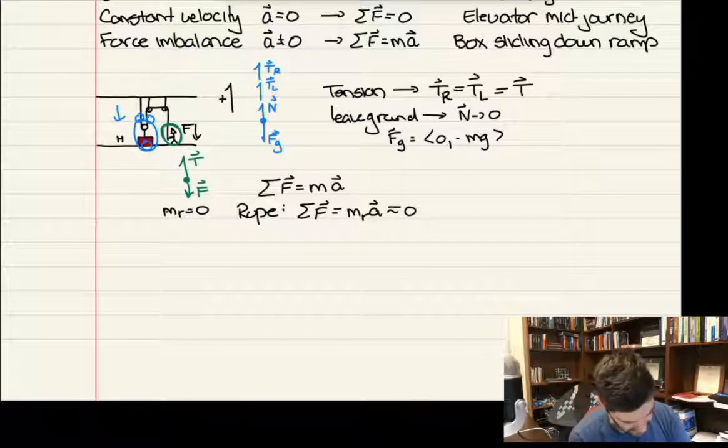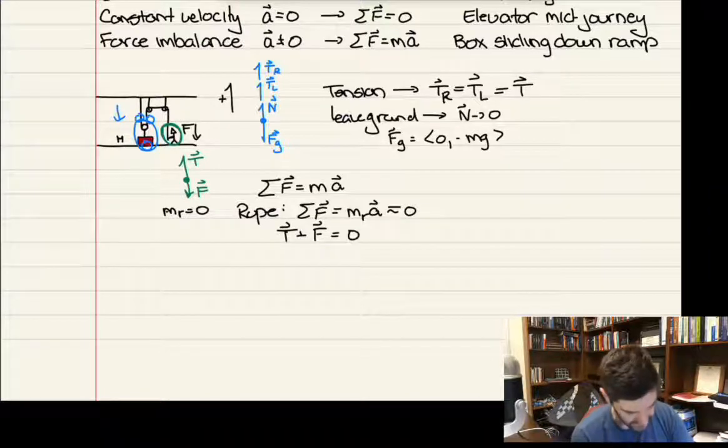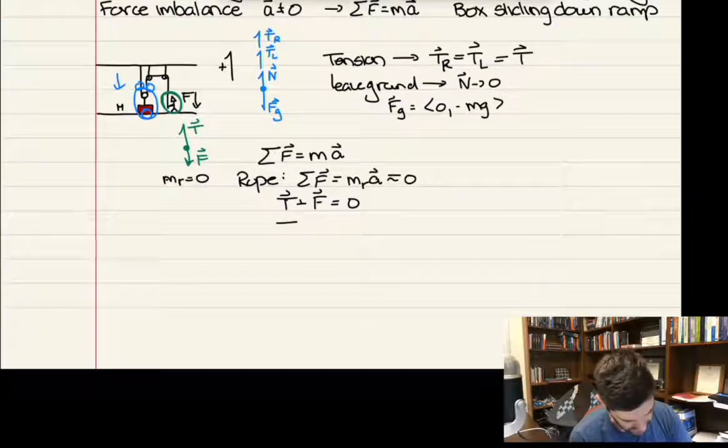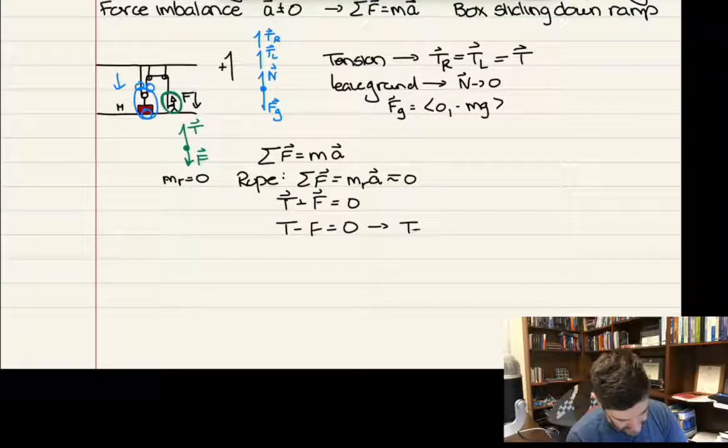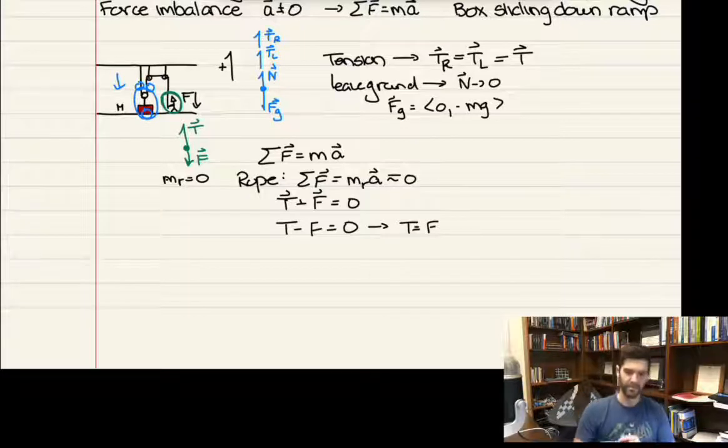So if up is positive, I'll do it more generally. There's T plus the force of the pull equals 0 as vectors, but then taking into account magnitudes, since one points down, one points up, this then of course implies that T is just the same as the force of your pull. Your pull is creating a tension in the rope.